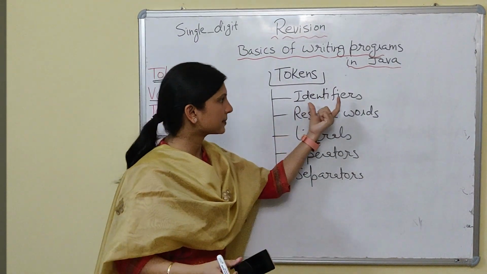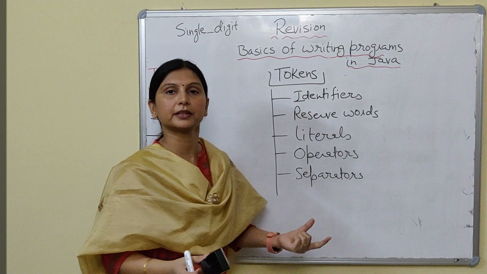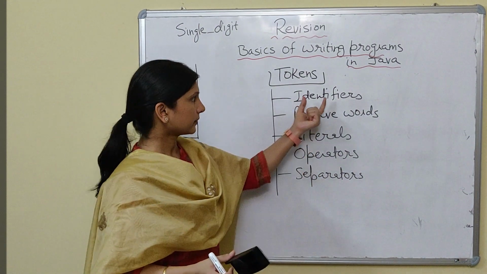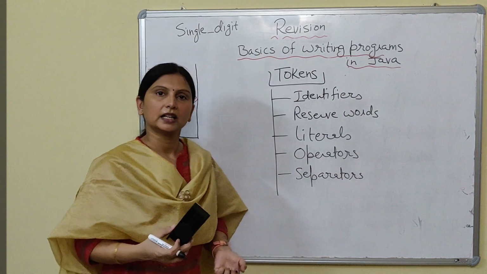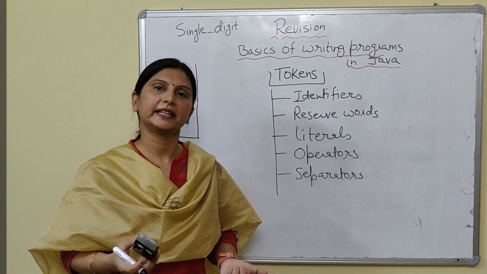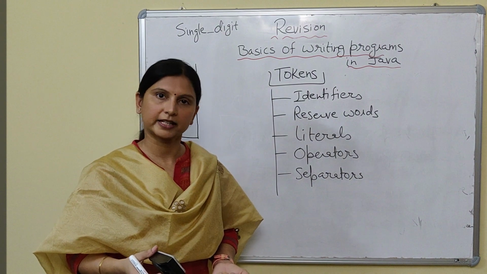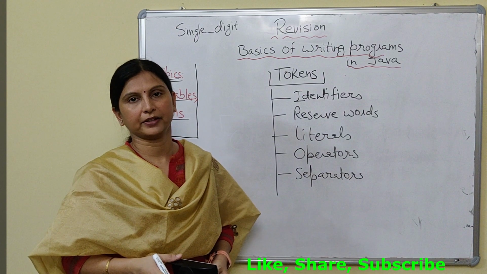These are the 5 types: identifiers, reserve words, literals, operators, separators. Fine. Now what are identifiers? Identifiers are the class name or name given to the class or any variable. Any class name or variable name is called identifier.